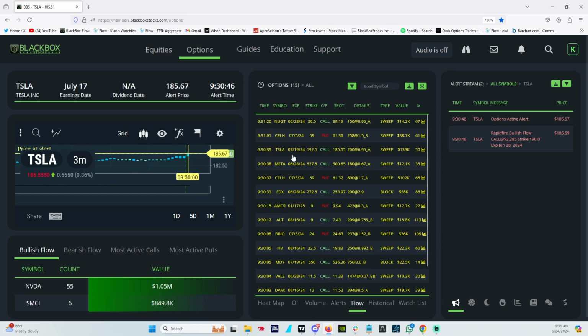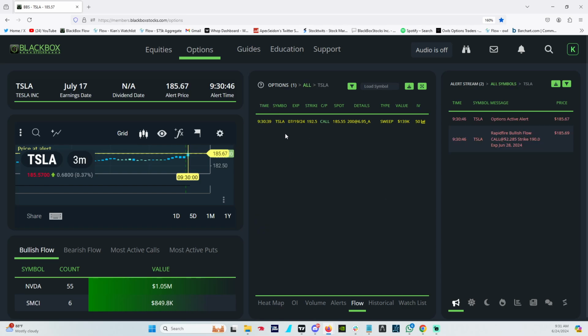So when you click the ticker, like what I just did, it will show up on the side as well. So it would say rapid bullish flow, 190 call at the spot price of 185.69, and that's an options active alert, which you can get right here. There is alerts, so this is a Black Box alert that you guys can use.